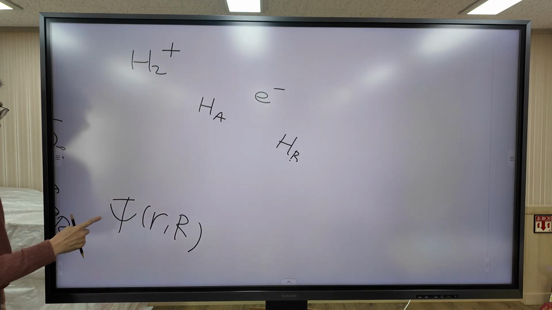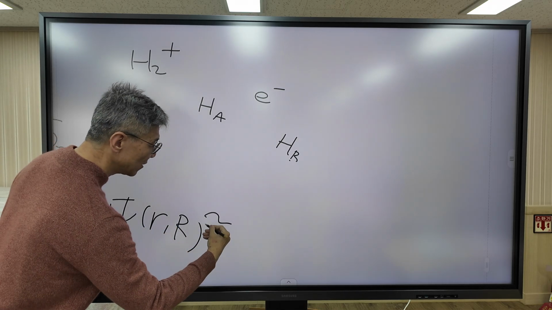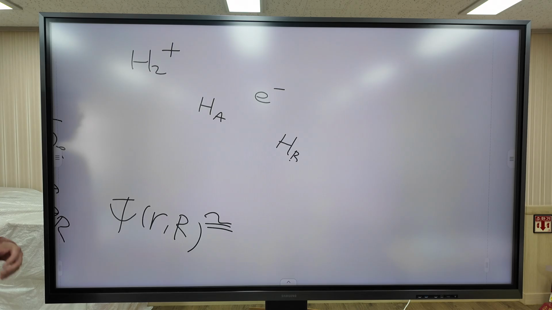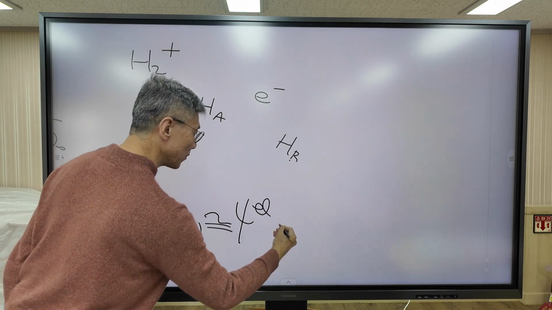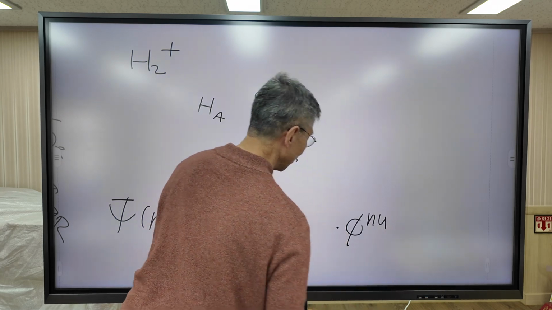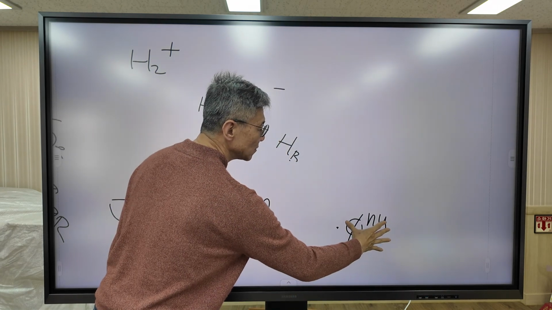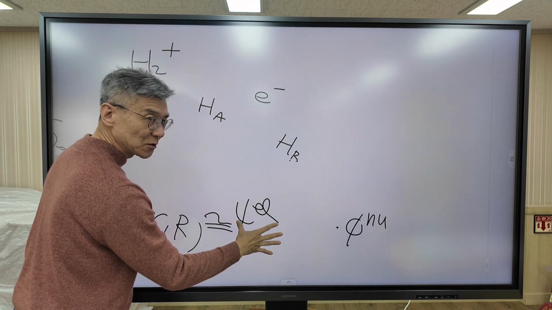So as usual, I'm going to express this wave function as a product of two separate simple functions. This function is concerned with nuclear motion. This function is concerned with electronic motion.